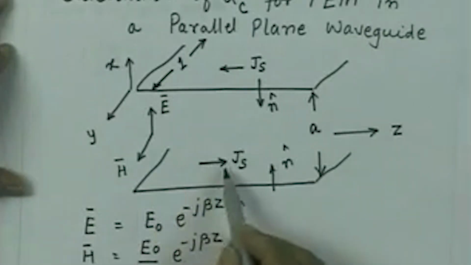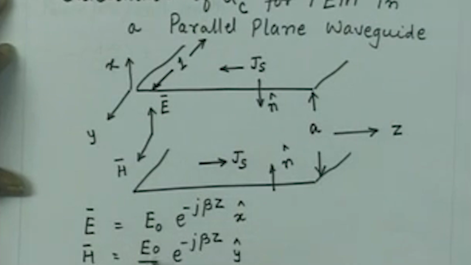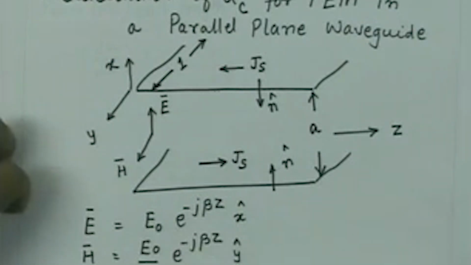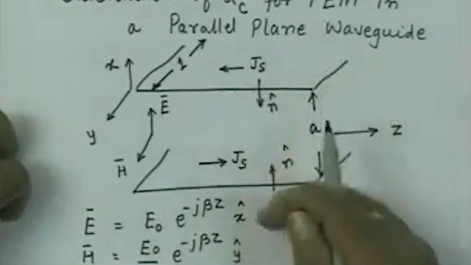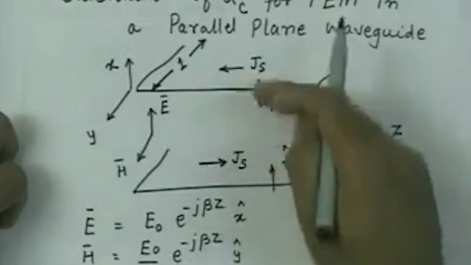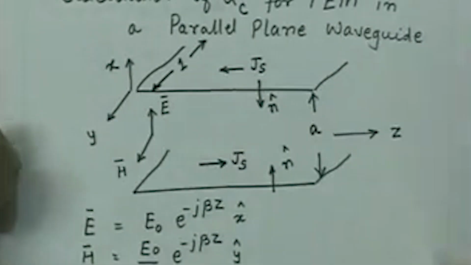and Js will be the same as the magnetic field. So, its peak amplitude will be E0 upon η, and it will have a sinusoidal variation in time. So, per unit length, if I take an RMS value and integrate over this, that will give me the total loss in this wall, and since there are two walls, the total loss will be double of what we calculate from each wall.